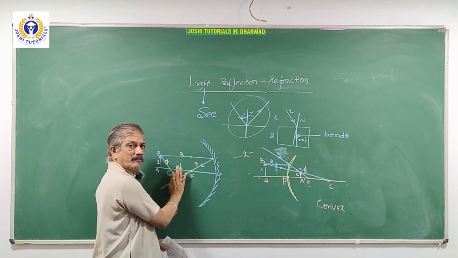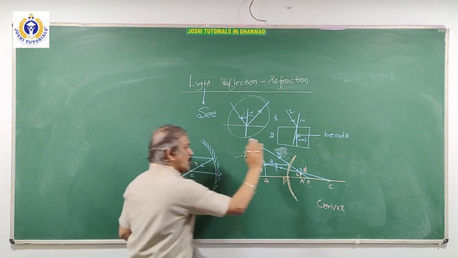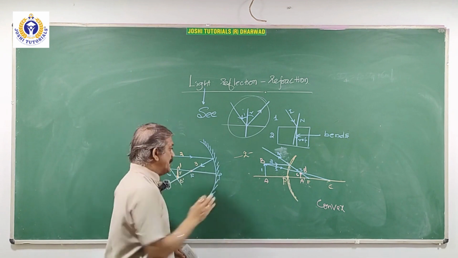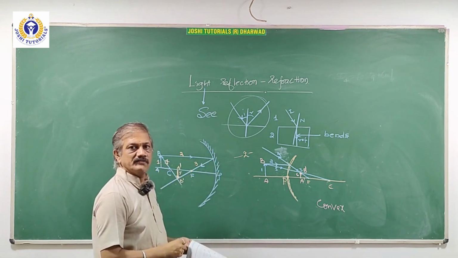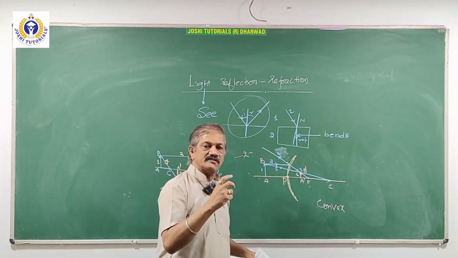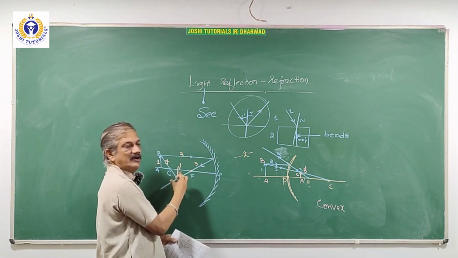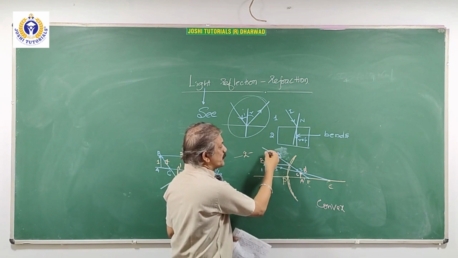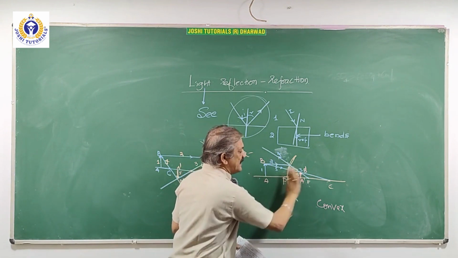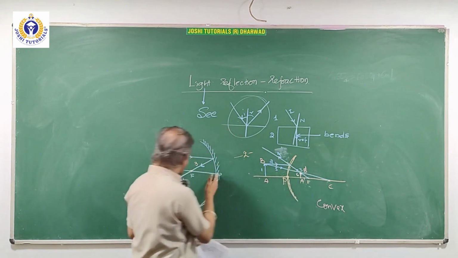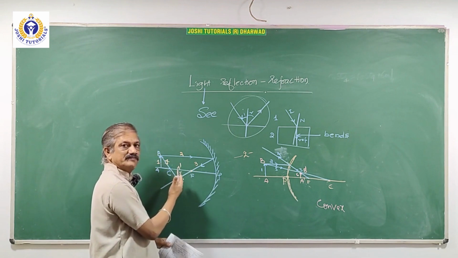So either from mirror, concave mirror, convex mirror, they may ask differences. You have to use common sense. In concave, reflection takes place inwards; in convex, reflection takes place outwards. In concave, focal length is on left side; in convex, focal length is on right side.